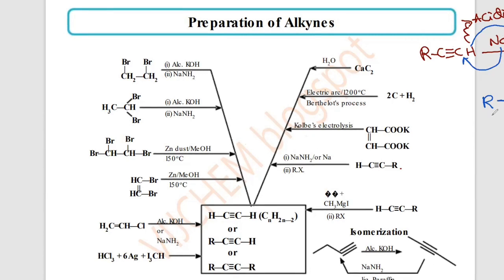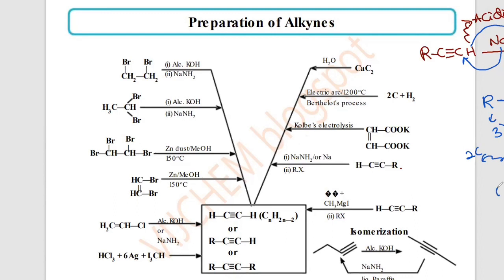Now let us take, there are only 3 carbons. You want 5 carbons. Then you can add an alkyl group R dash, R dash X. So if you want, for example, a total of 5 carbons, then R dash will contain 2 carbons. As per our choice of the product, we can change the R and R dash.